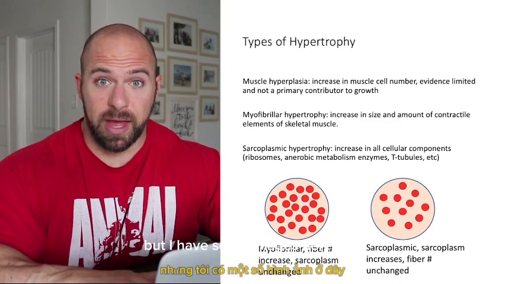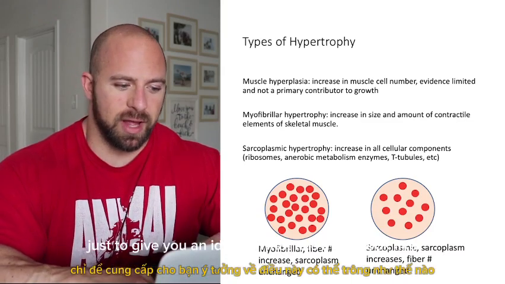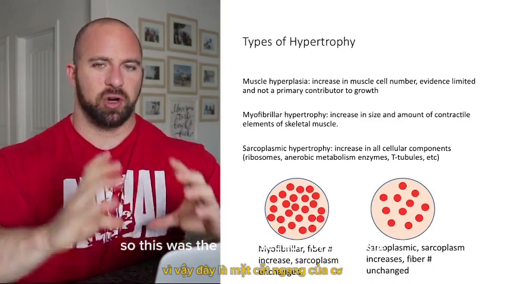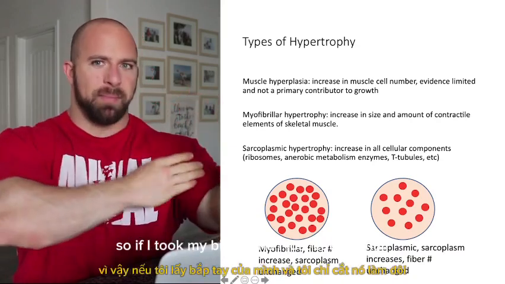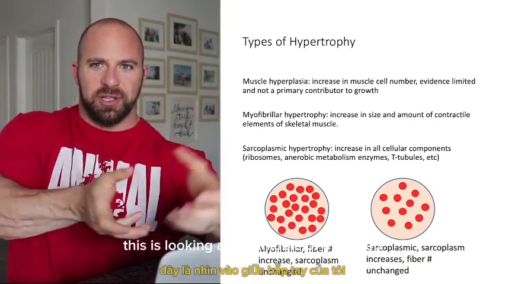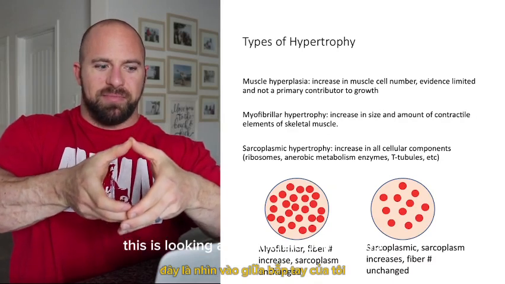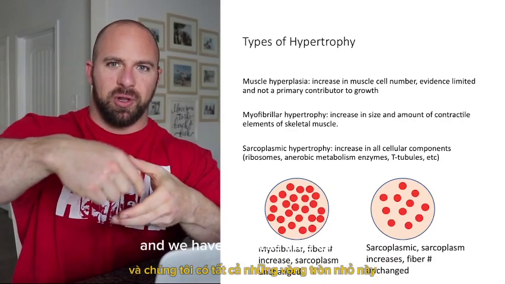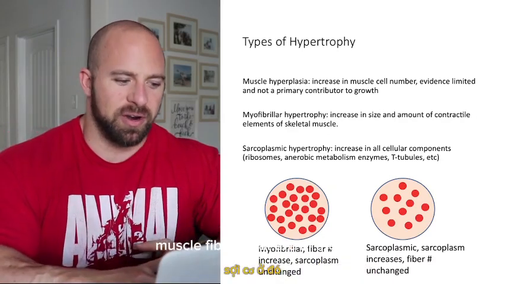But I have some images here just to give you an idea of what this might look like. So this is the cross section of a muscle. If I took my bicep and cut it in half and turned it towards you, this is looking at the middle of my bicep, and we have all these little circular muscle fibers in there.